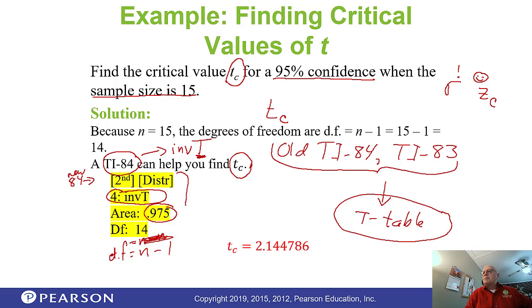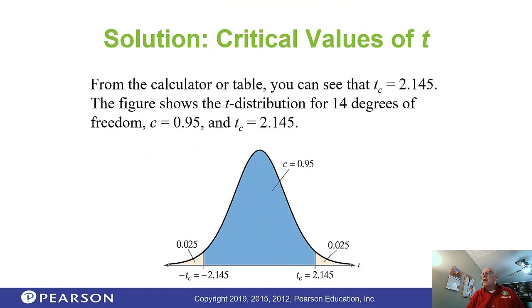Check this out. Make sure you know how to get that, and you'll be in good shape. If you need to, use a table. Learn how to get that t sub c. Next, here's a picture of what it looks like.